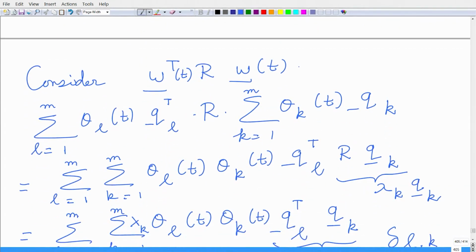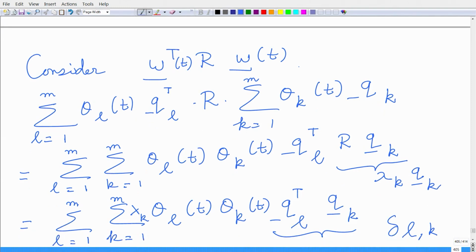So let us do some simplifications. Let us consider w transposed times r times w. I mean, w is a vector here, so I will ignore the bar when I speak, and when I mean w bar, I mean the weight vector w. So what I do is I plug in the expansion for w here.